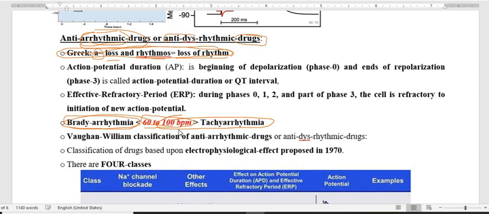Here we are going to define two more words. What is action potential? Action potential is simply the beginning of depolarization, the beginning of phase 0, and the ending of repolarization, that is phase 3. In the form of the ECG we represent it as the QT interval.